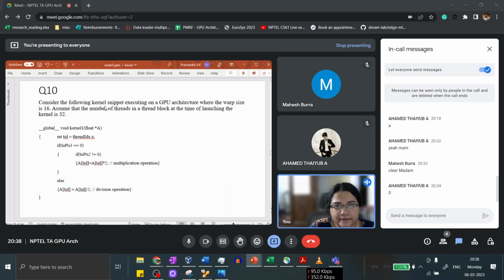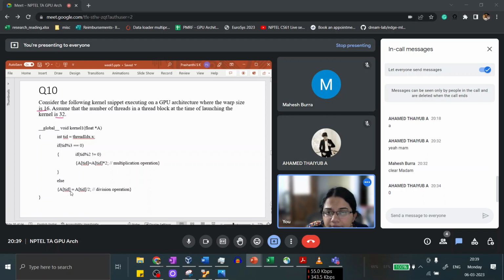Consider the following kernel snippet executing on a GPU architecture where the warp size is 16. Assume that the number of threads in a thread block at the time of launching the kernel is 32. So this is your kernel. Again, we get the TID. If TID mod 3 equal to 0, so this is a nested kernel where we further check if TID mod 2 not equal to 0 and do a multiplication operation.